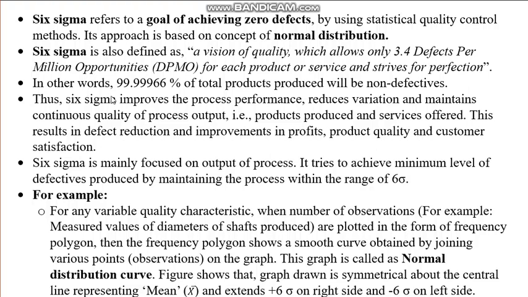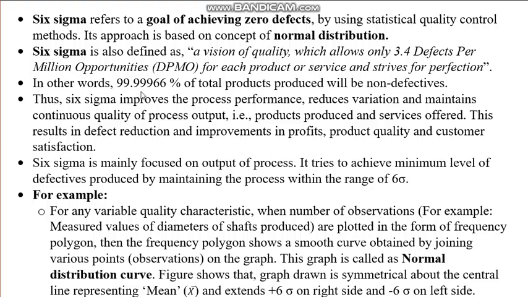In other words, 99.99966% of the total products produced will be non-defectives. You people proudly say, I got 92% marks, I got 94% marks, 96% marks. Nowadays, because of multiple choice questions and options that you are having, you are able to get high percentages.